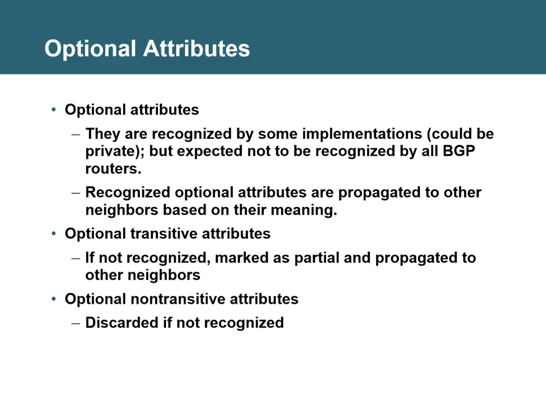Optional transitive attributes, if not recognized, are marked as partial and propagated to other neighbors.